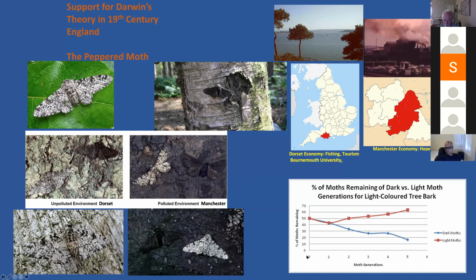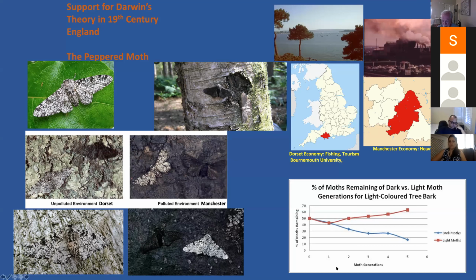So at the beginning of the experiment, at moth generation 0, there were 50% light-colored moths, 50% dark. And then the moths went through breeding generations. After one generation, the population was still about 50-50.